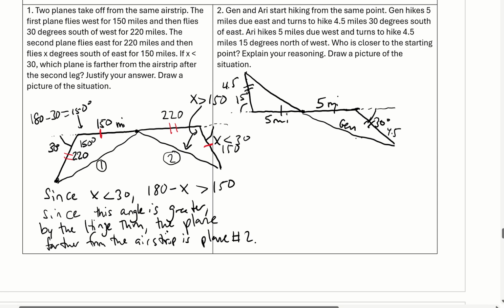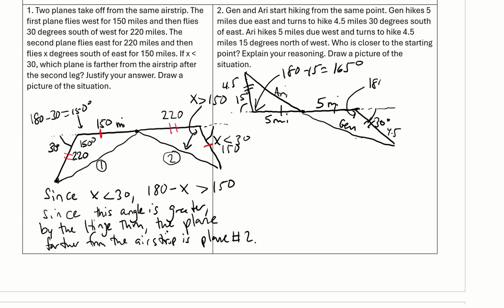So who is closer to the starting point? If this is 15 degrees, then this angle, which is Ari's, is 180 minus 15, which is 165 degrees. And this angle is 180 minus 30, which is 150 degrees. Since 150 is less than 165, Jen has to be closer.